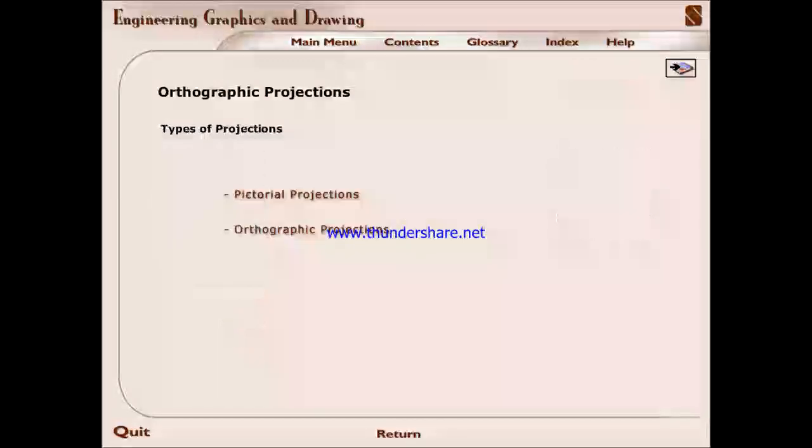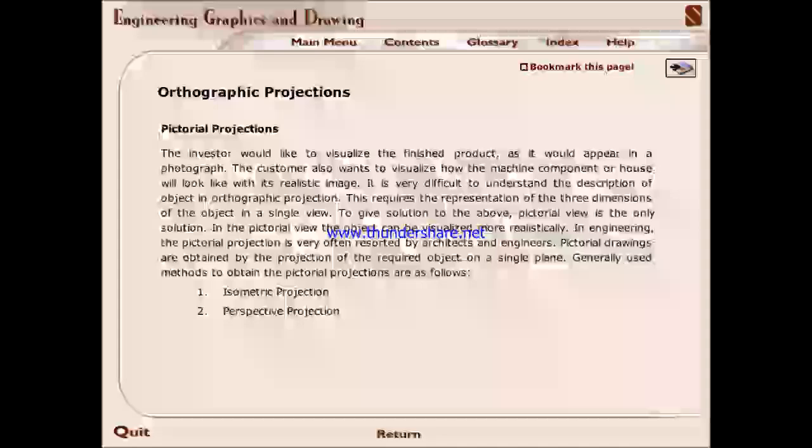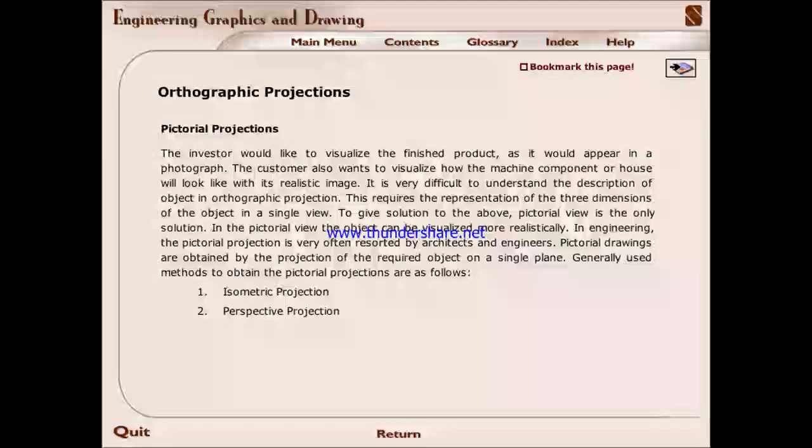Now next, types of projections. Types of projections are two: pictorial projections and orthographic projections. In pictorial projections, the investor would like to visualize the finished product as it would appear in a photograph.